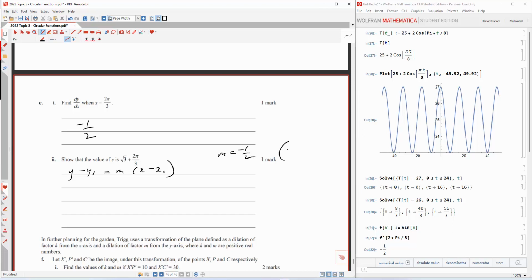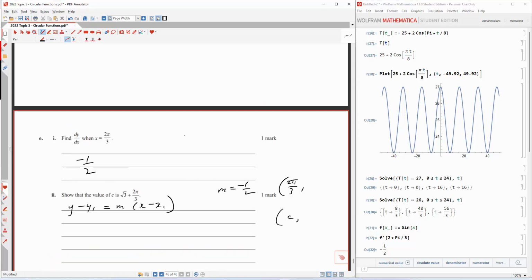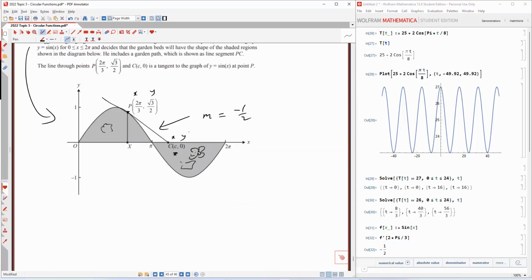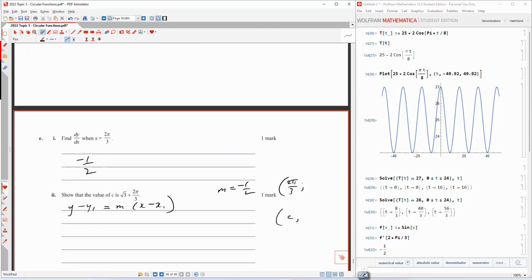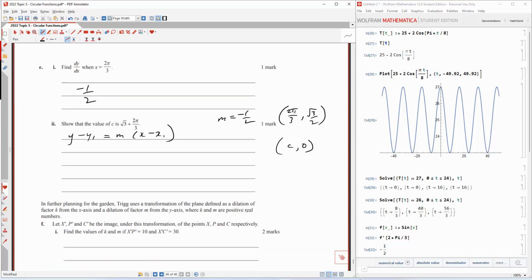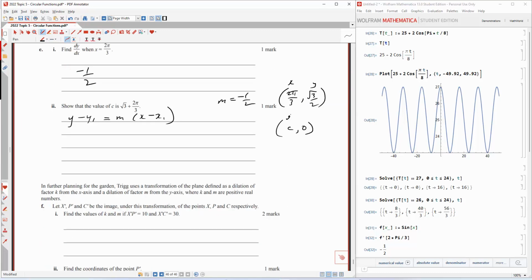We know that one of the points was 2 pi on 3 comma root 3 on 2. And this one was c comma 0. So let's sub in what we have. It's going to be root 3 on 2, take away 0, so I'm just not going to write that, equals negative a half x, which is 2 pi on 3, take away c.